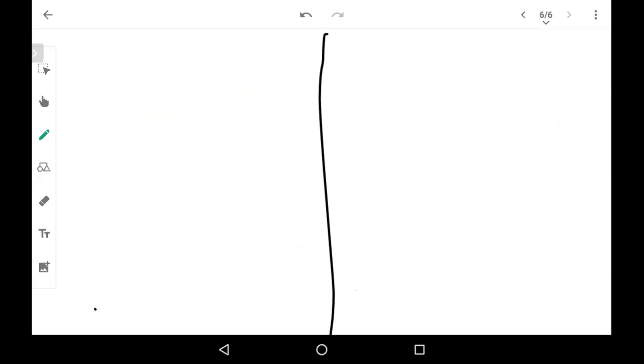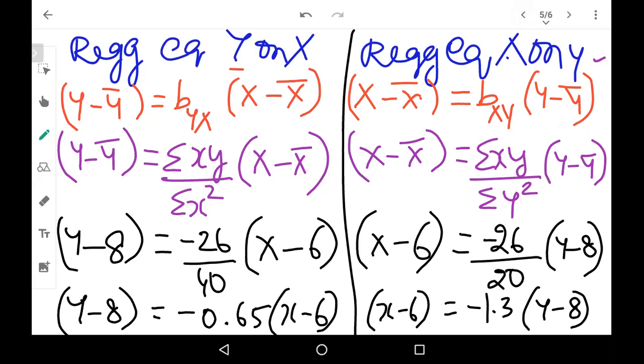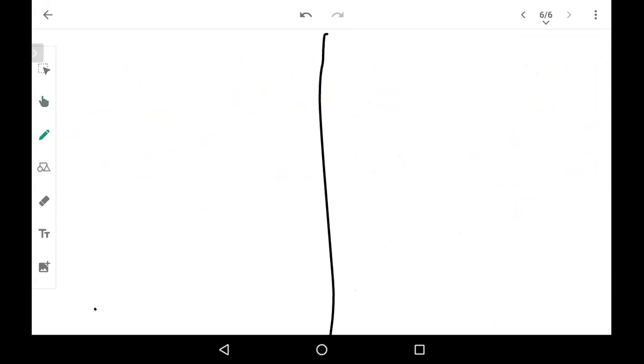Okay. Now let us continue. After this, the next step is to multiply this minus 0.65 with the expression x minus 6. So minus 0.65 into x, minus 0.65 into minus 6. When you do this, what do you get?